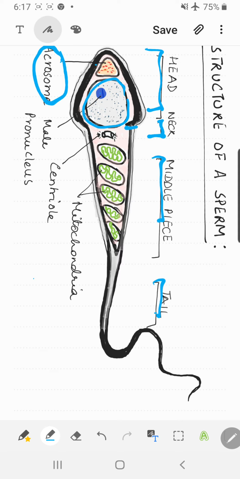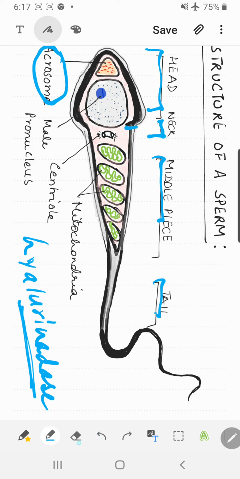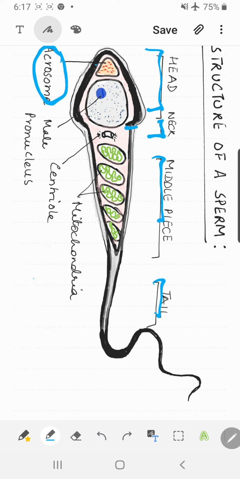So this is the male nucleus surrounded by the cytoplasm, right? And then you can see that there is a middle portion where you see the centrioles. One is present here, this is the proximal centriole. Another one is present here, that's the distal one, right?